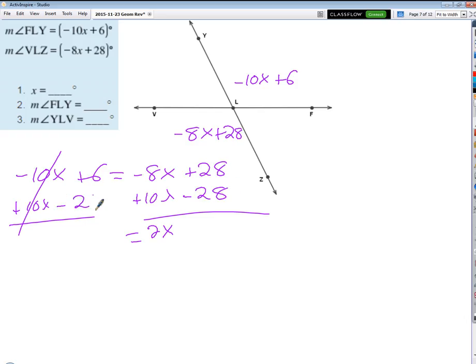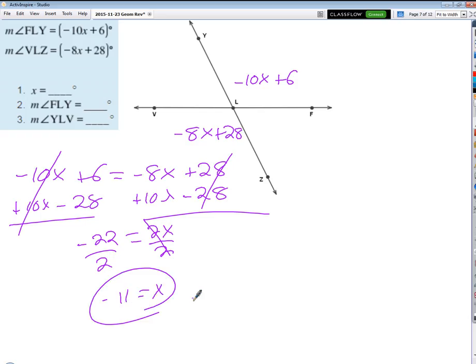Subtract 28 and get what? Negative 28 plus 6, negative 22. Divide by 2 and get x equals negative 11. Okay? And so we got the first part, it's no big deal.